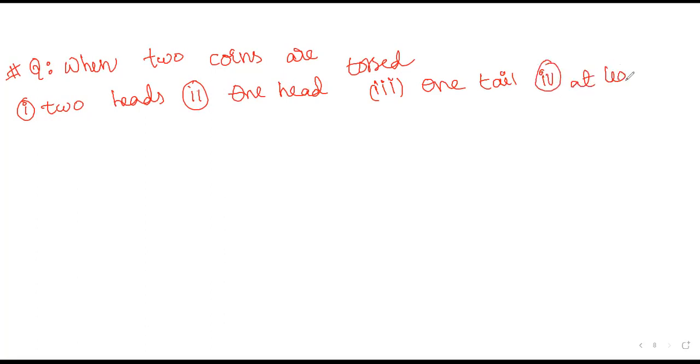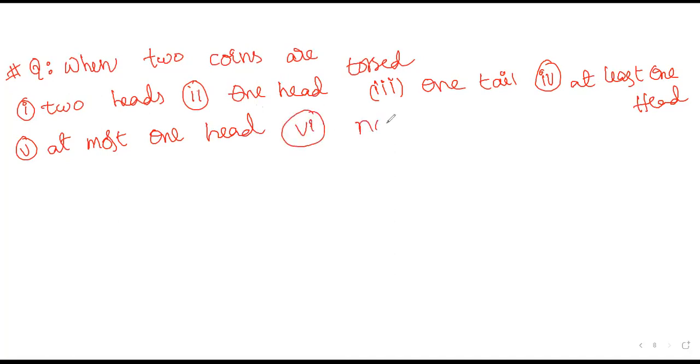This is important, at least 1 head. Then question number 5 is at most 1 head. This is also very, very important. At most 1 head. And question number 6 is no head. Now we'll see solutions for this one by one.